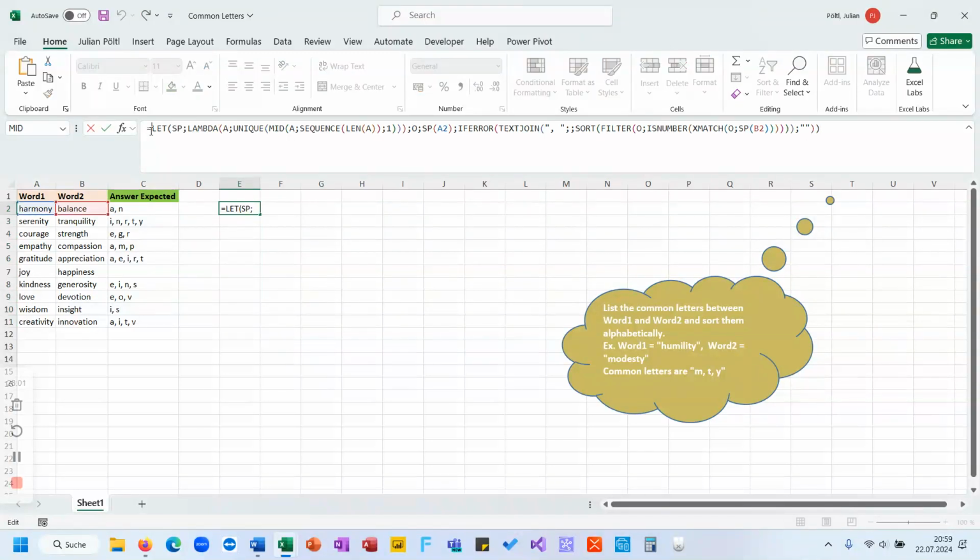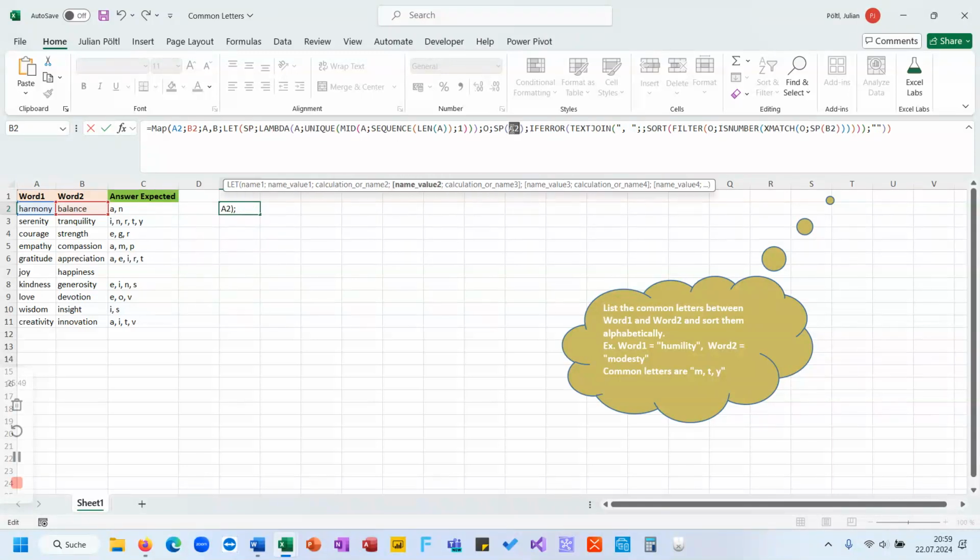So and now we map both words against it. We name them A and B. This will not interfere with this. And now we have here A, and here we have B. I need a semicolon and also a lambda.